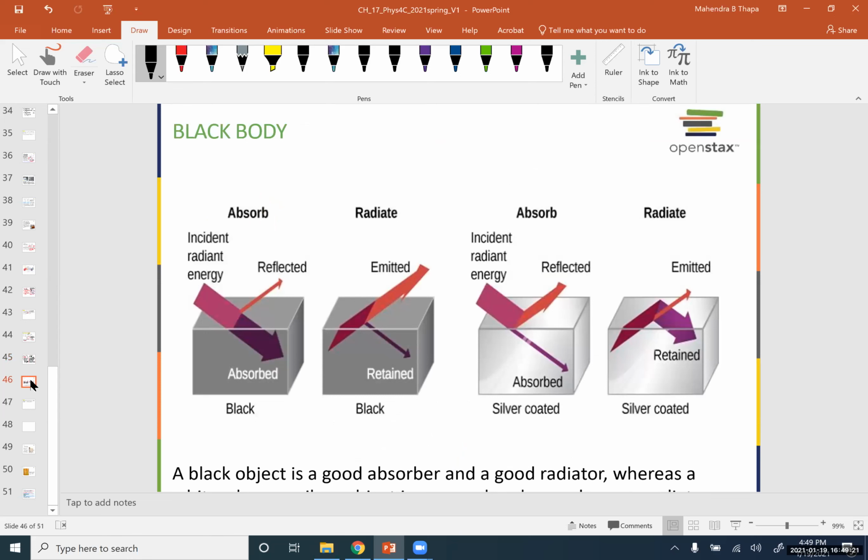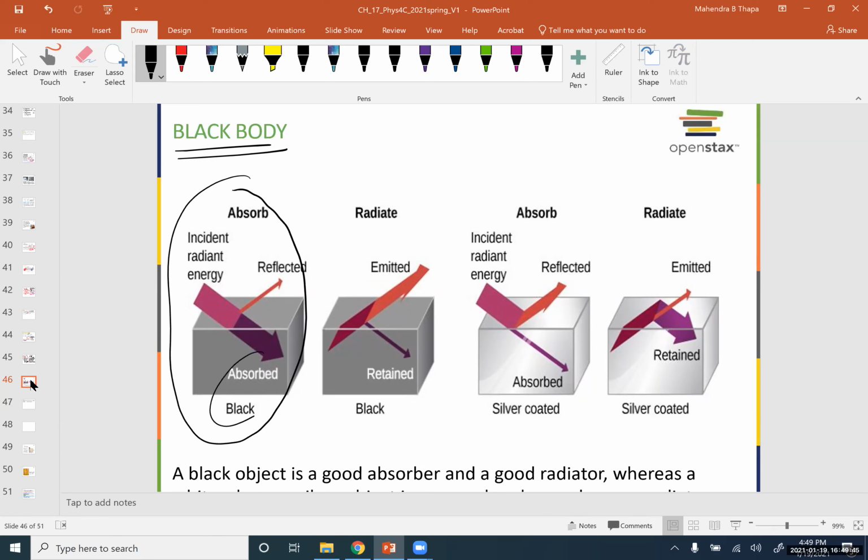So we say that a black body means, let's see the example, if we incident heat or light, it absorbs completely. In this case it absorbs completely, then we say emissivity is equal to 1.